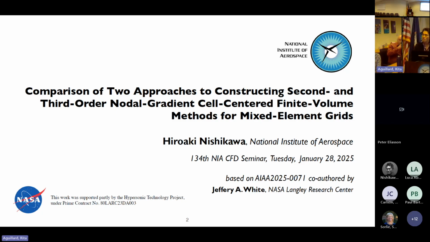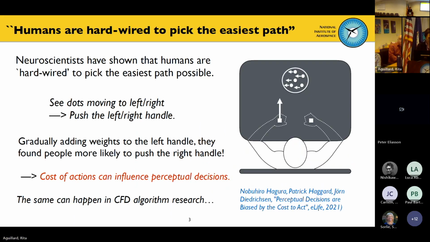Okay, so I'd like to begin with this interesting experiment conducted by a neuroscientist. Neuroscientists said humans are hardwired to pick the easiest path. This is a very simple experiment. There's a screen, and dots are moving to the left or right.